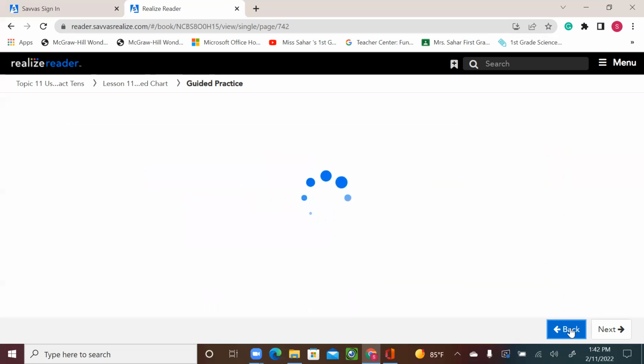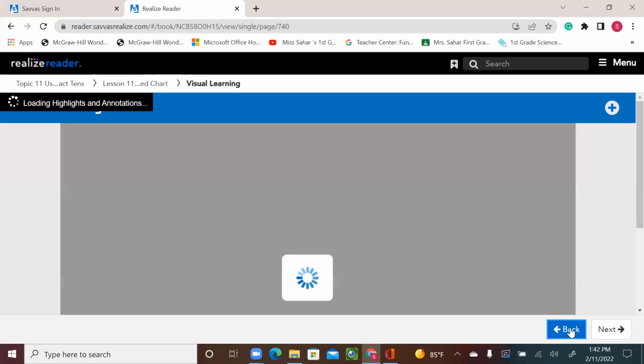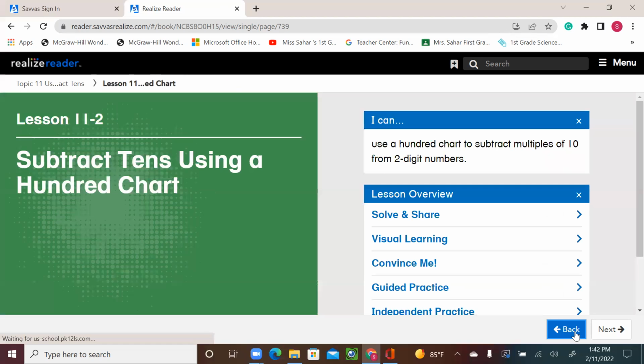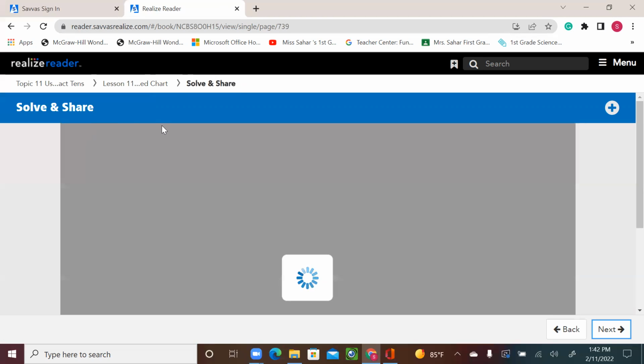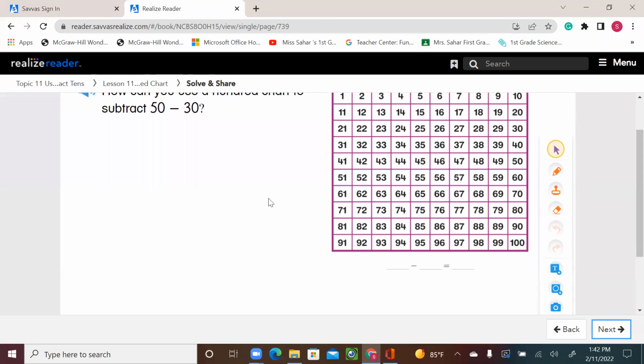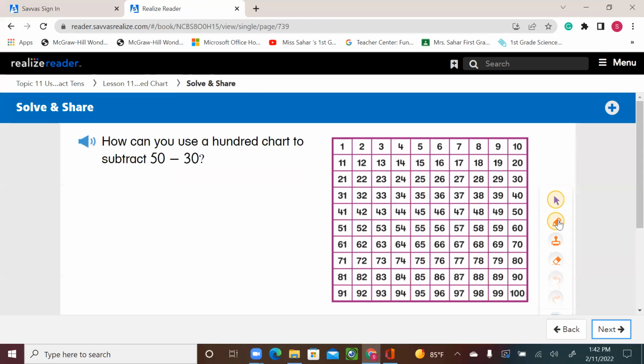Let's go to our exercise at the beginning of the lesson and answer that question together. All right, can you use a 100 chart to subtract 50 take away 30? That's easy. I'm going to get my marker and mark 50. That's 50.